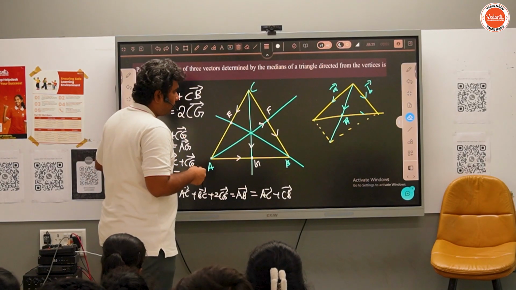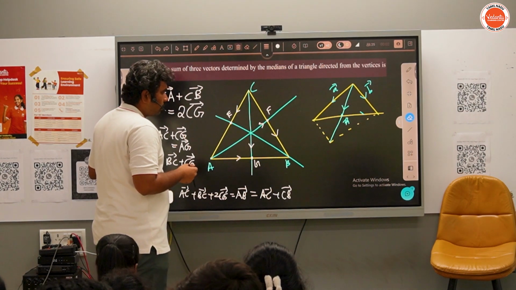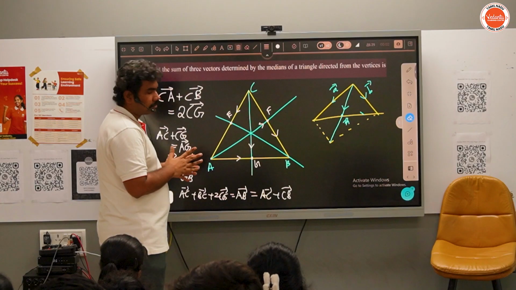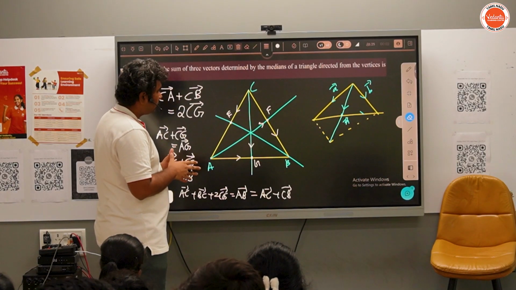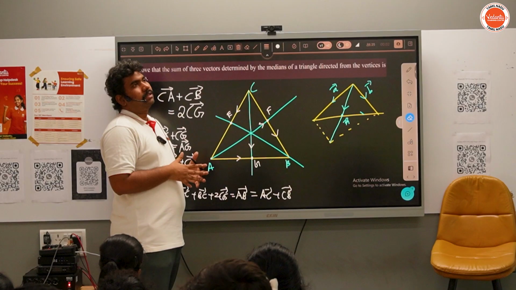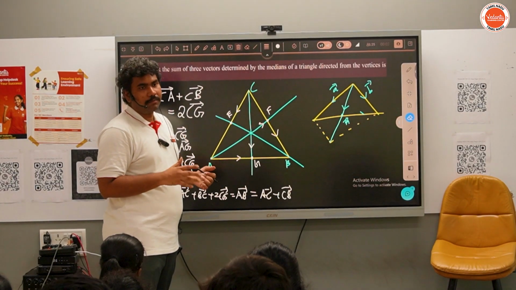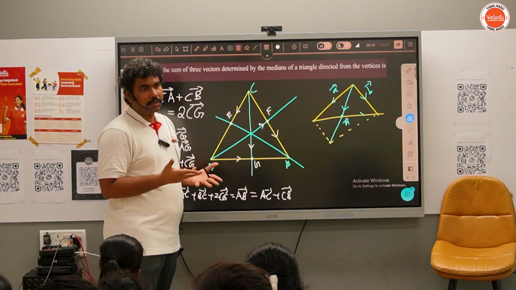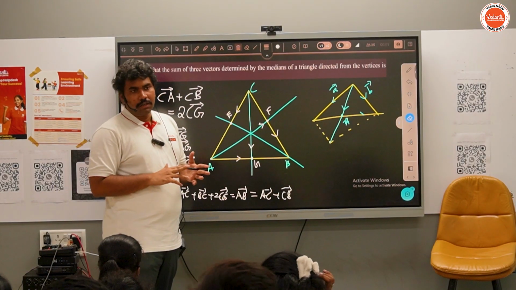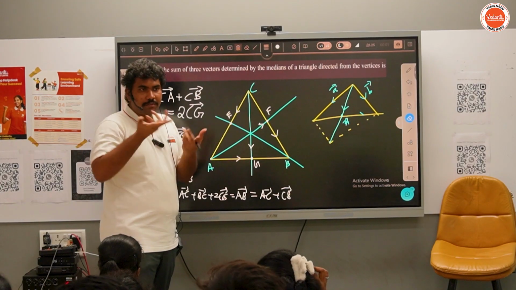Actually separate பண்ணும்போது I don't think we are getting something from there. We cannot do it separately. See, இப்போ நம்ம separate பண்றோம் அப்படினா the point that CG is a median, that itself is getting lost, right? We are talking about a median of some triangle, and if you divide this into two parts, that median is lost.